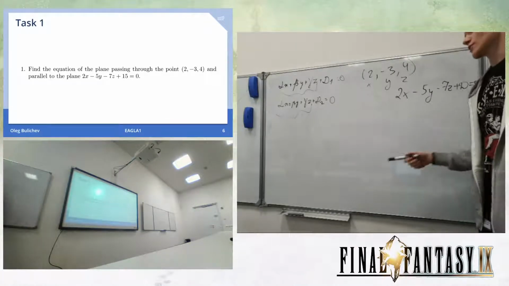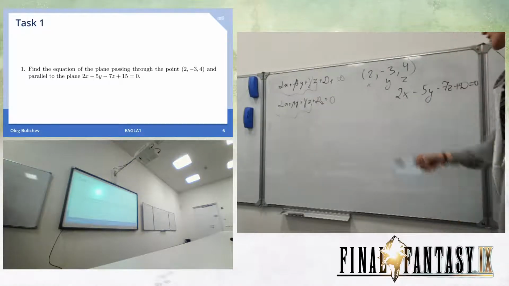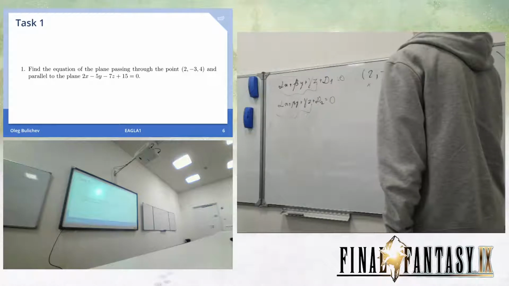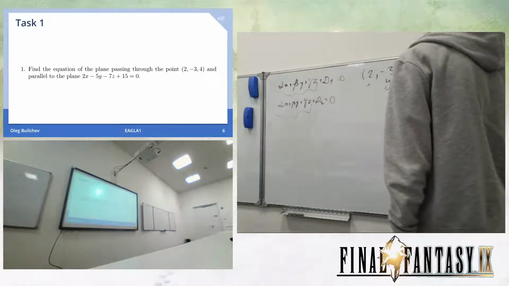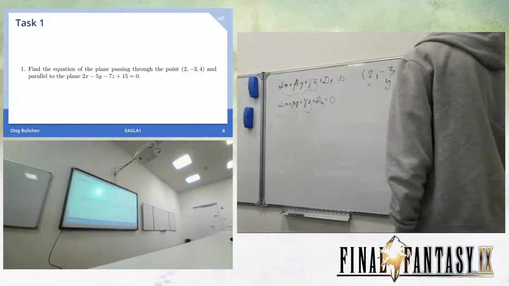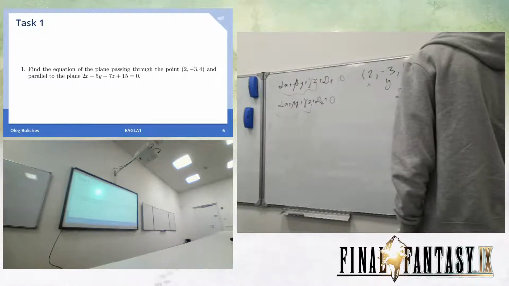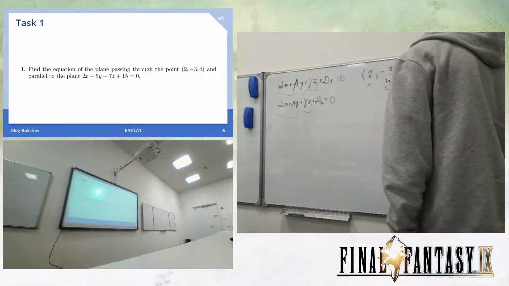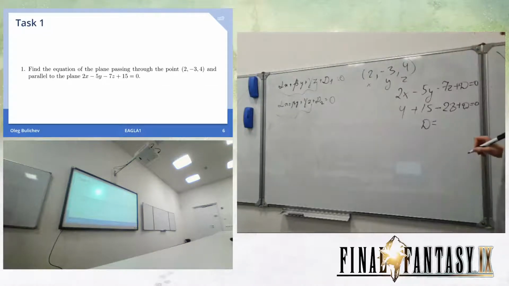Because as you have already mentioned, these parts are the same. And now we just substitute and have 4 plus 15 minus 28 plus d equals 0. And we have d equal to 9.